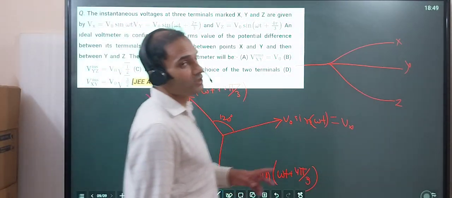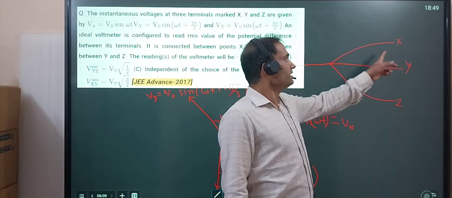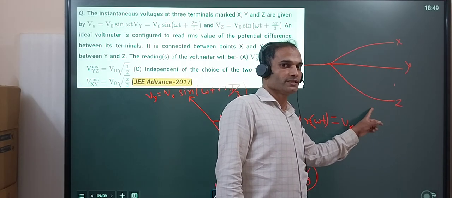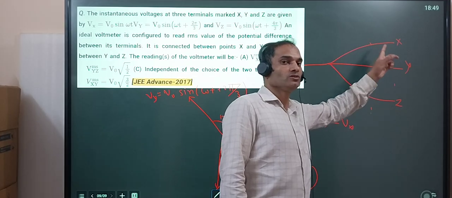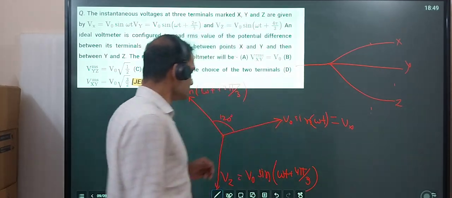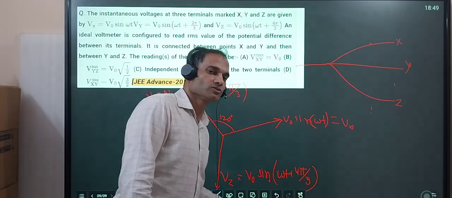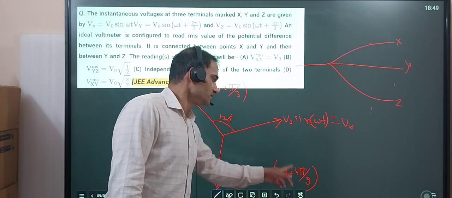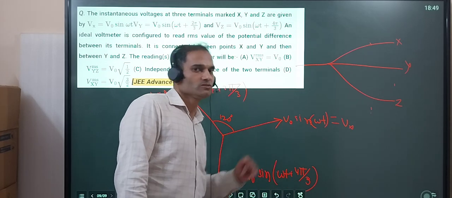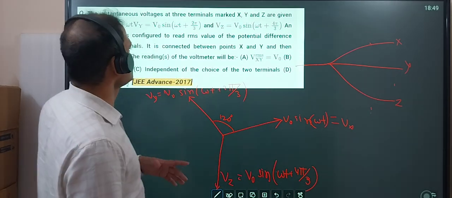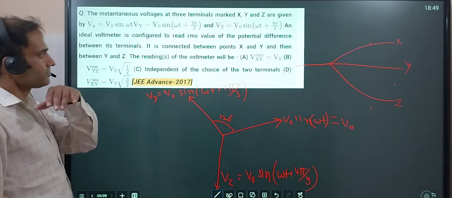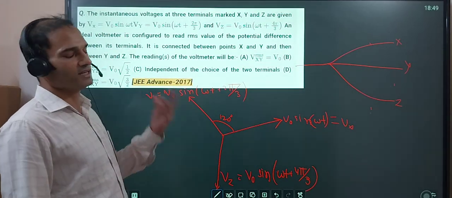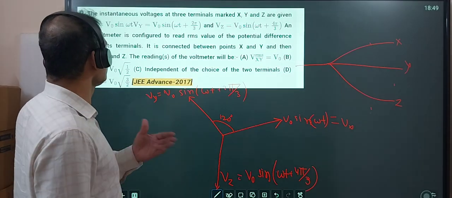Now see, phase difference between these two is 120 degree, between these two is also 120 degree, and between this and this is also 120 degree. Okay, 360 minus 240 is also 120 degree. So the thing is, phase difference between all of them is the same. You take xy, yz or zx, phase difference is same.